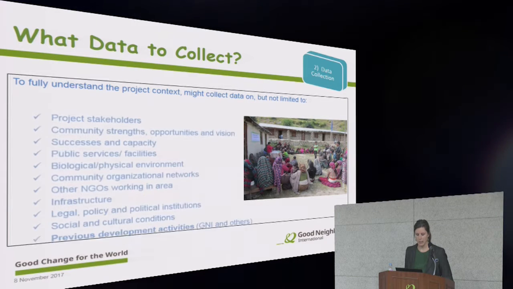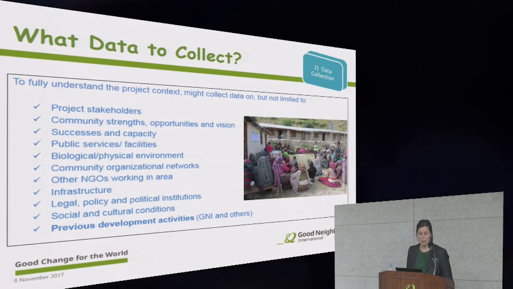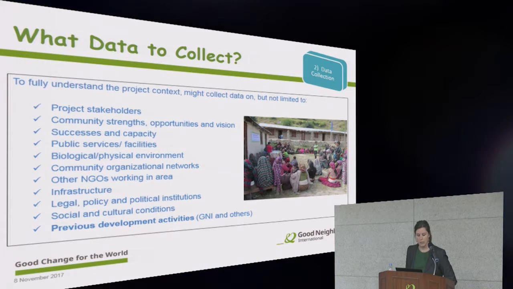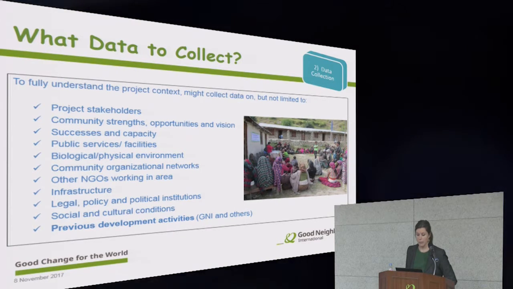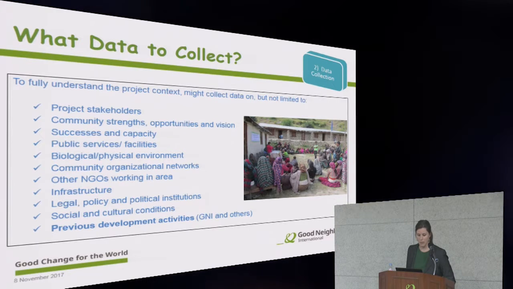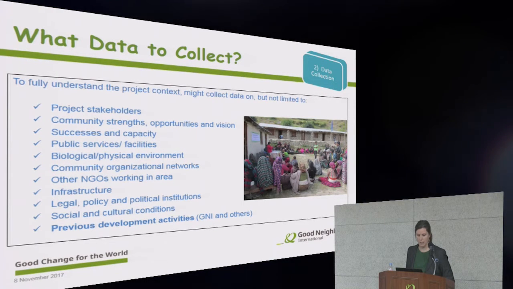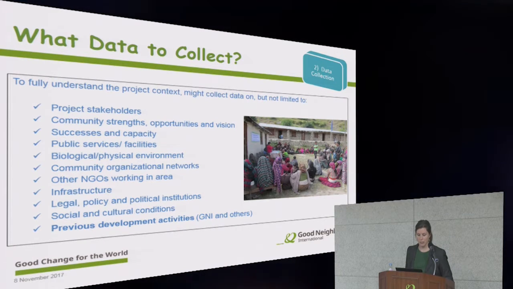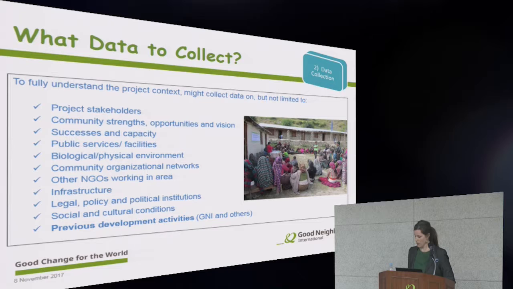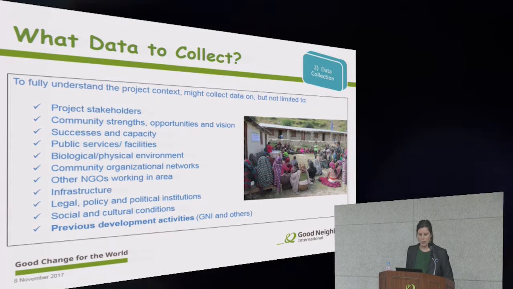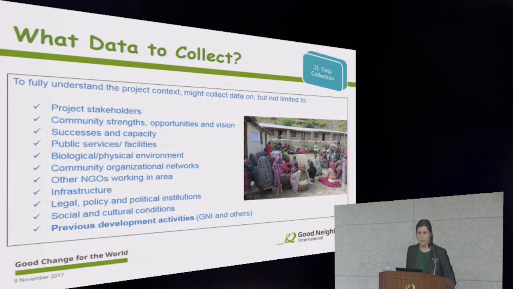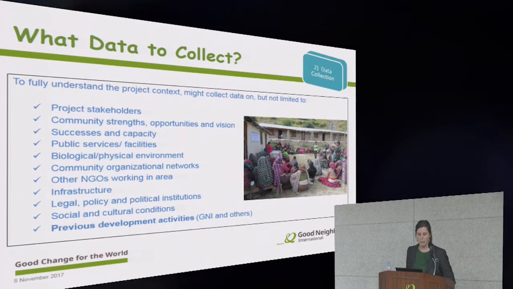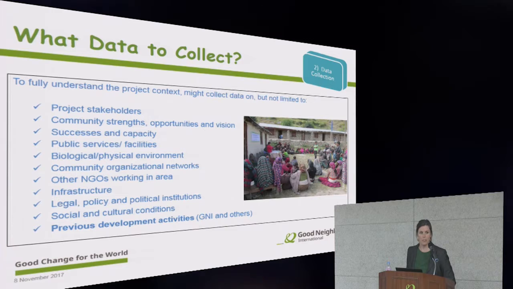You might want to collect on project stakeholders, community strengths, opportunities, and vision, successes and capacity, public services, the environment, community organization networks, other NGOs working in the area, infrastructure, legal, policy, and political institutions, and social and cultural conditions. You also want, if this is a project that has been working in the location before, to collect information on the previous development activities that GNI has been working on.